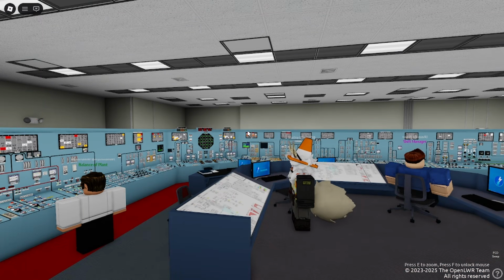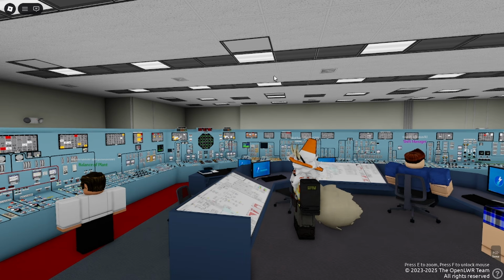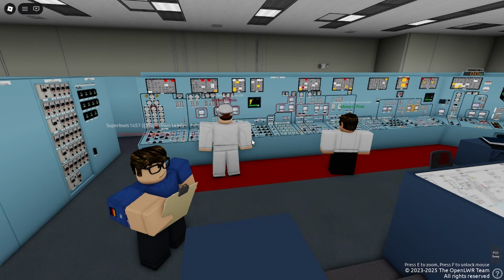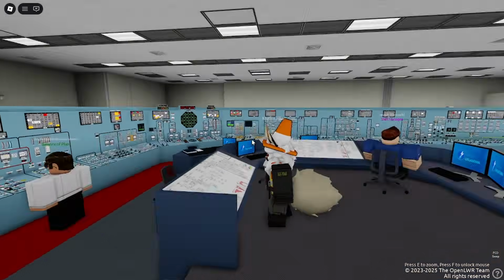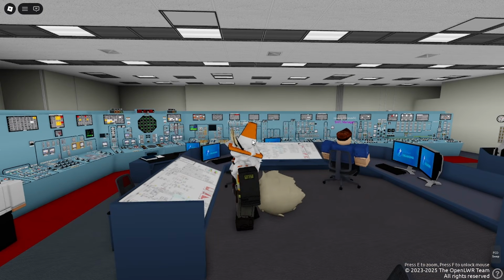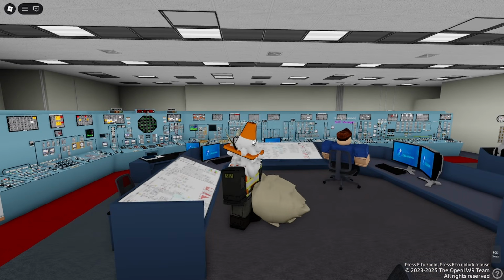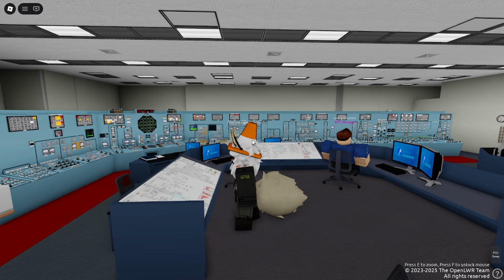Yes. There's no significant radiation detected in the drywell at the moment. Understand there's no significant radiation in the drywell at the moment. That's correct. Okay, you may vent the drywell using the vent stack. Understand we may manually vent the drywell using the vent path.